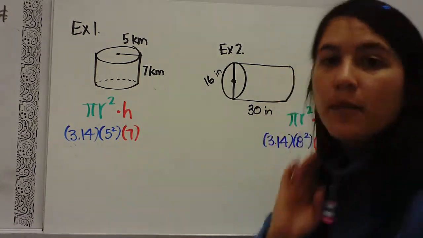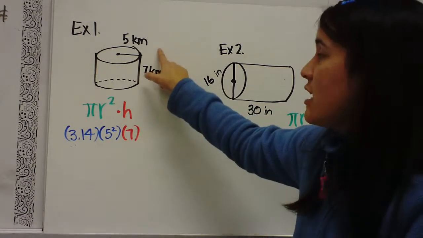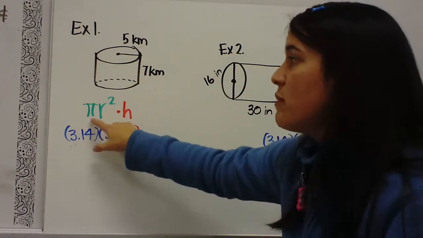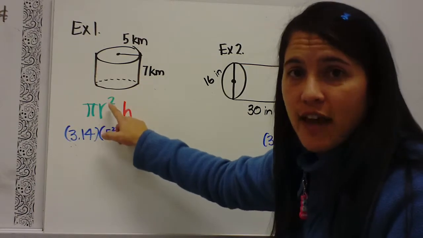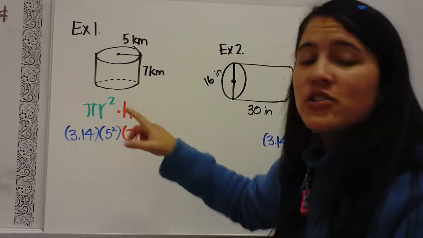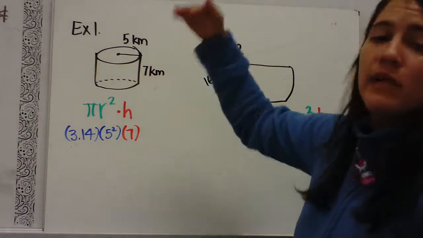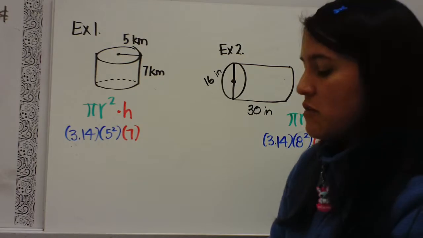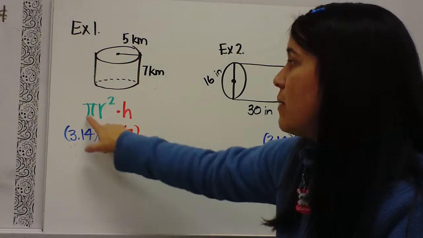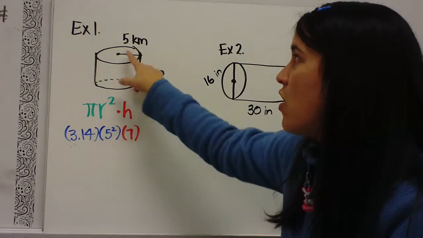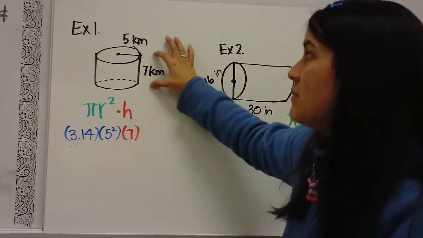Alright, so first up are cylinders. Here's an example. We have a cylinder, and I started with my formula, pi r squared, we're used to that from area, times the height. So anytime you have volume, you're going to start with that base area, and you're going to multiply it by how tall it is. So the base area is pi r squared. So pi, 3.14, times r squared times the height.